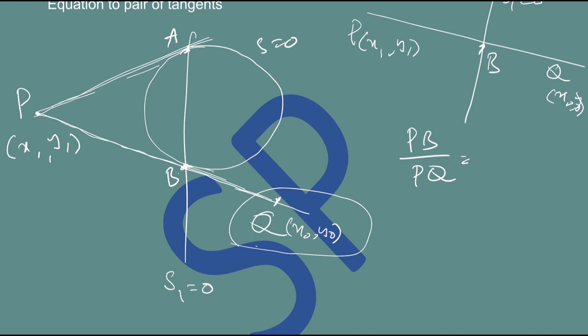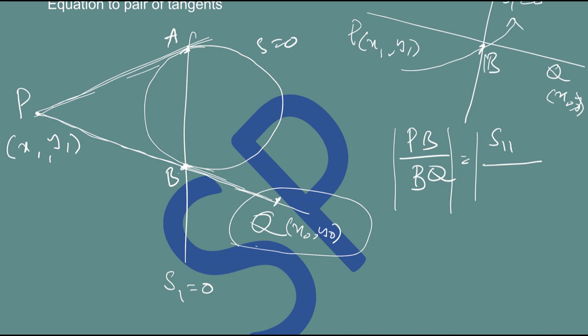I'll take the unsigned ratio. I'm going to calculate PB by BQ.